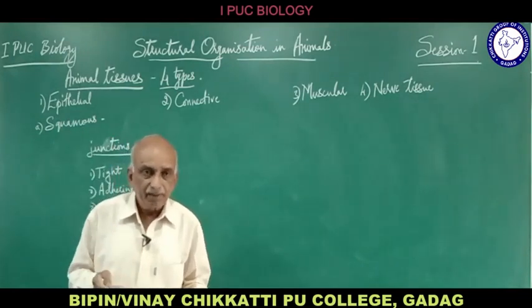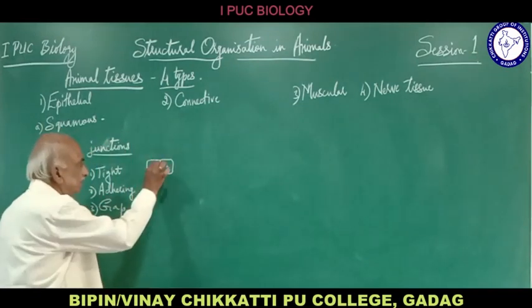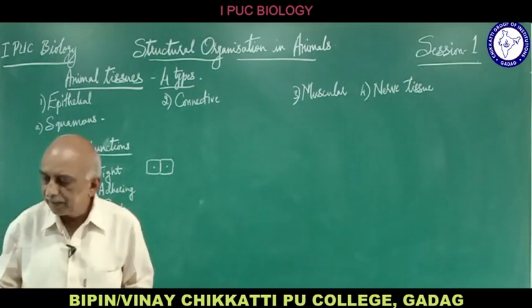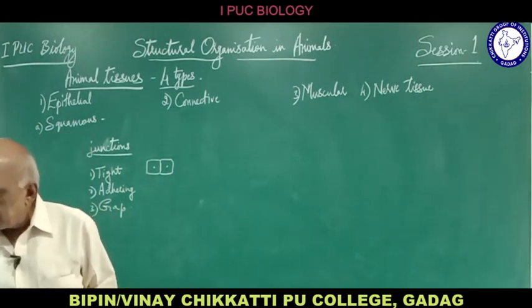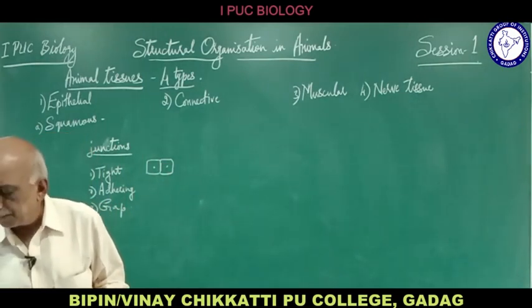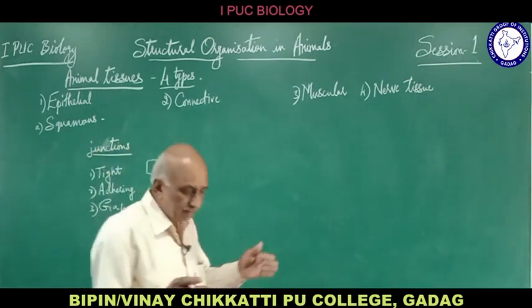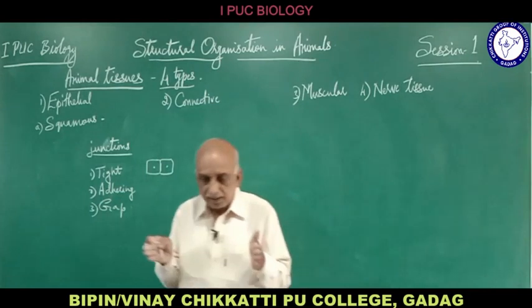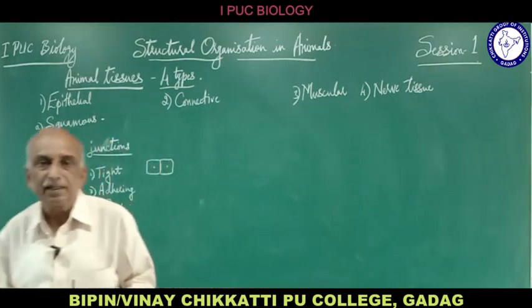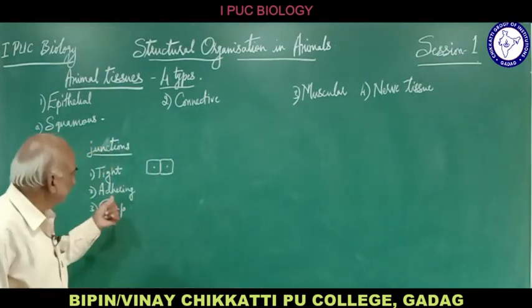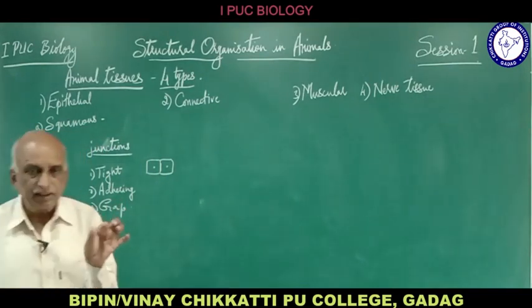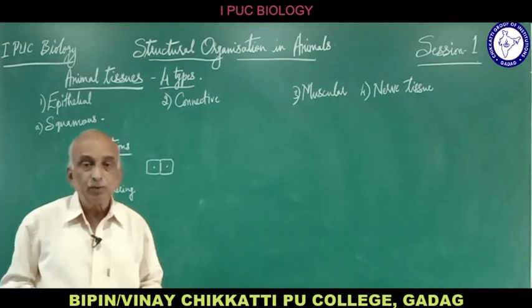Adhering means in between the cells there is a kind of substance which has a cementing function, just like cement, and it attaches the neighboring cells together. That junction is called an adhering junction. It is just the attachment of the two cells.